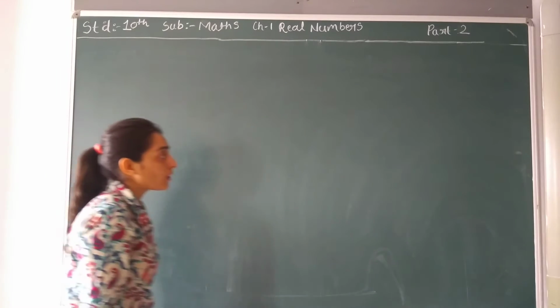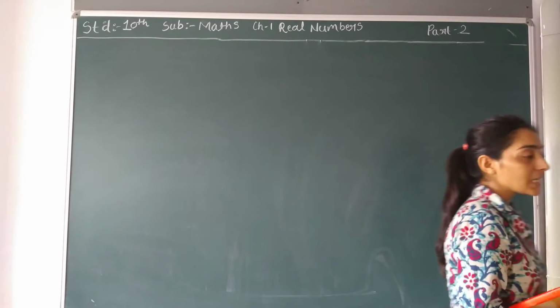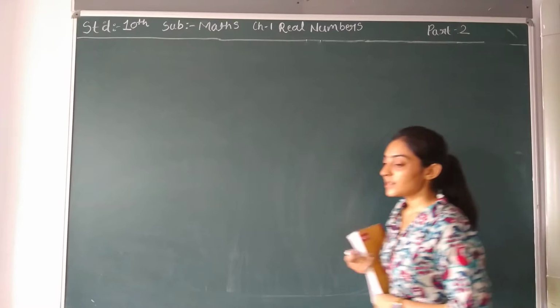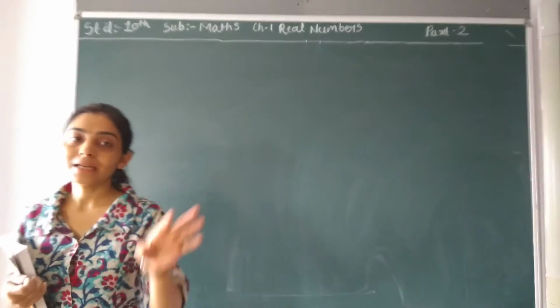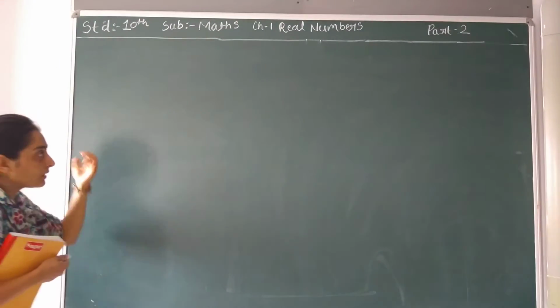We have seen a quick overview of chapter number 1. The first thing we learned is the Euclid division algorithm.